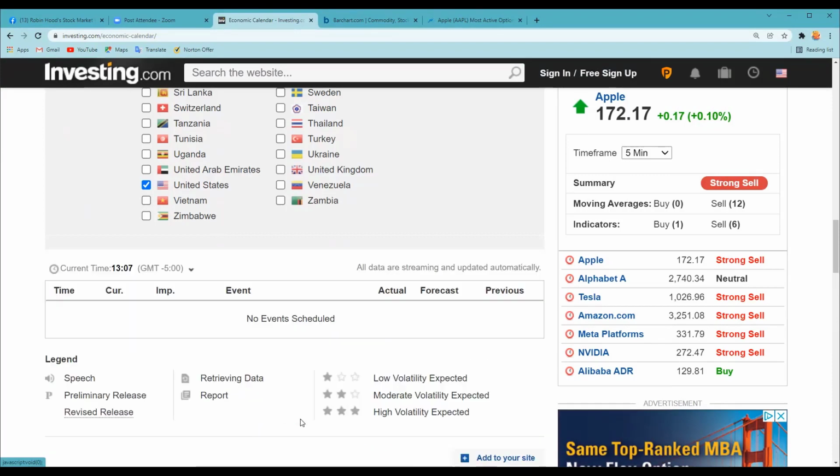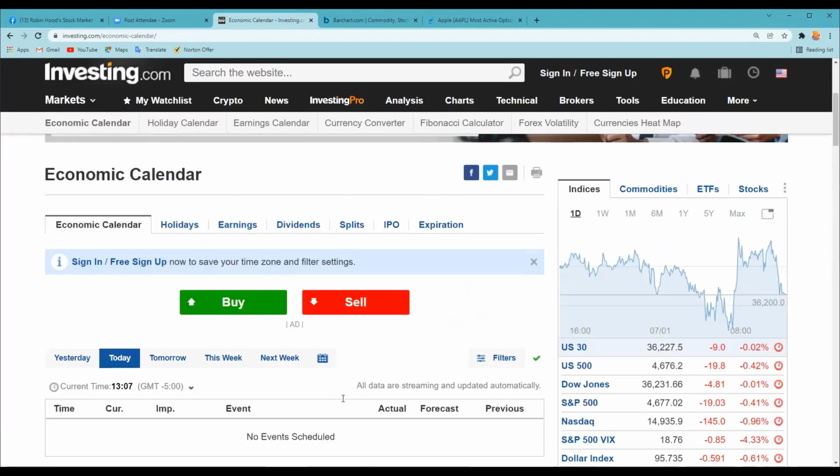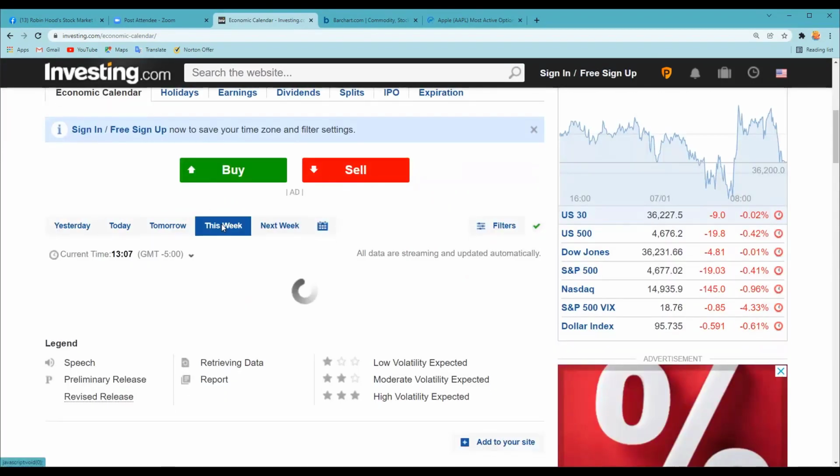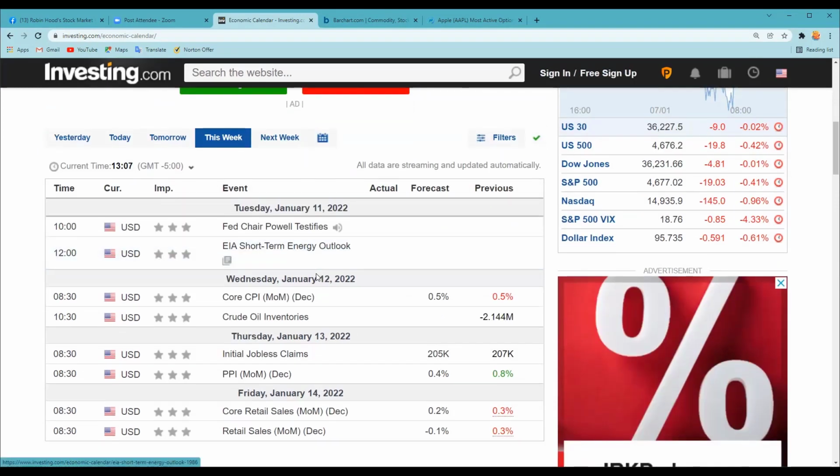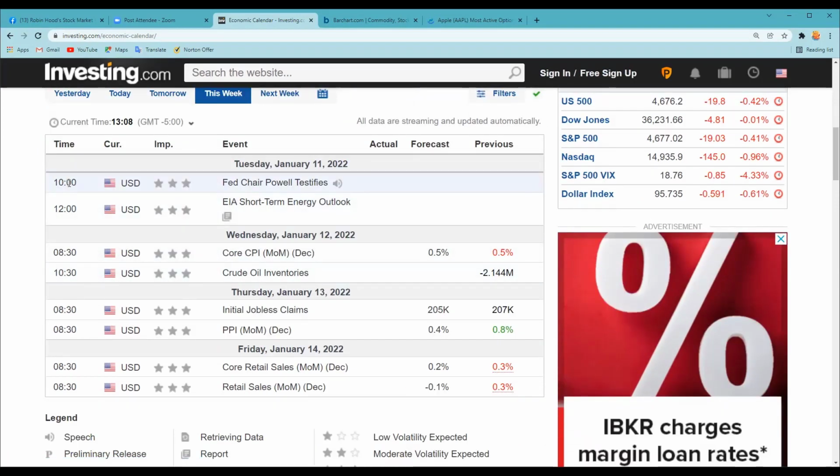So then click apply. If we're looking at it on the website, it's going to provide the time based on Eastern time, where the stock market is in New York. But if you're looking at it on your mobile phone or tablet, it's going to provide the time of these reports based on your time zone.